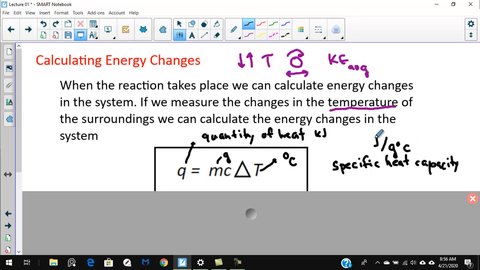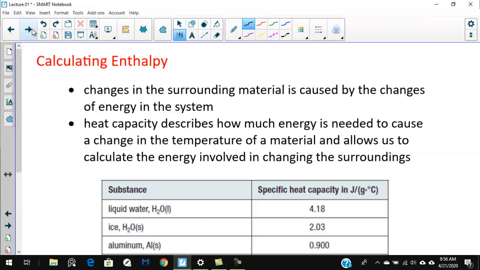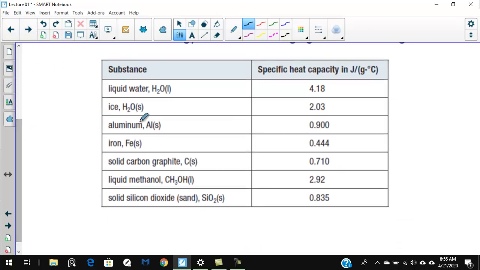So how much heat would it take to warm up 1 gram of water by 1 degree Celsius? How much heat would it take to warm up 1 gram of iron by 1 degree Celsius? So if we just flip forward here, I'll show you the table of what that looks like. And we can look up this data. And so you can see water takes 4.18 joules per gram degree Celsius.